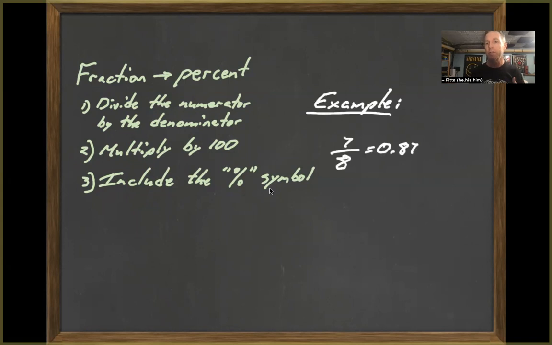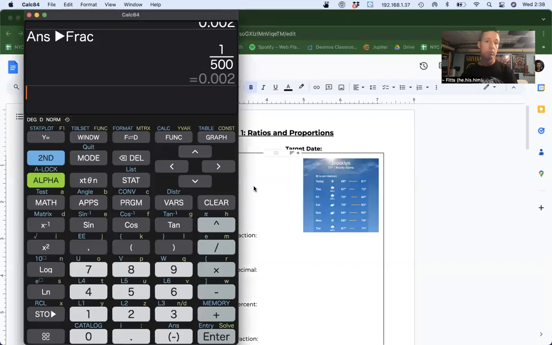So the example, 7/8. For those of you that get into finance later on, historically stocks used to trade in eighths. So you're probably going to know all of your eighths. So let's use our fraction tool, alpha y equals. You have to convert all of those prices that were in eighths to decimals, because now stocks trade in decimals.